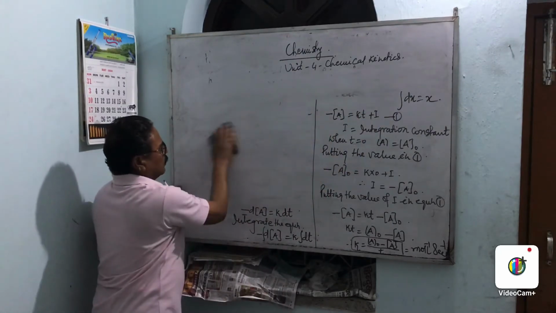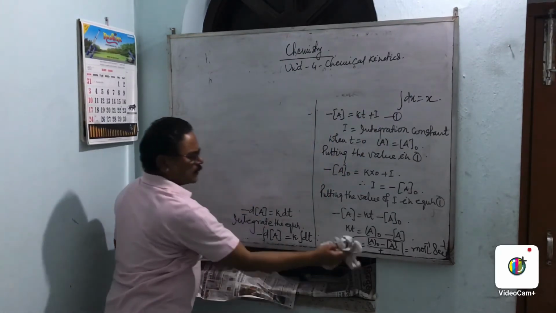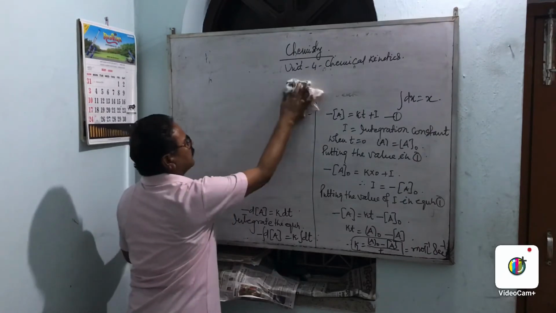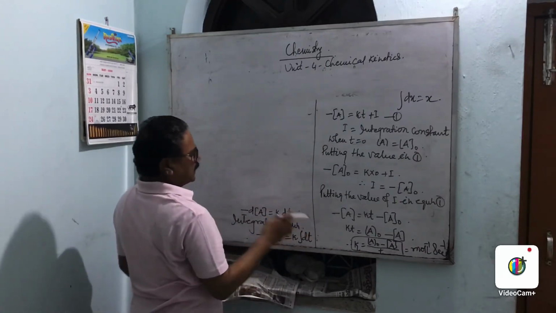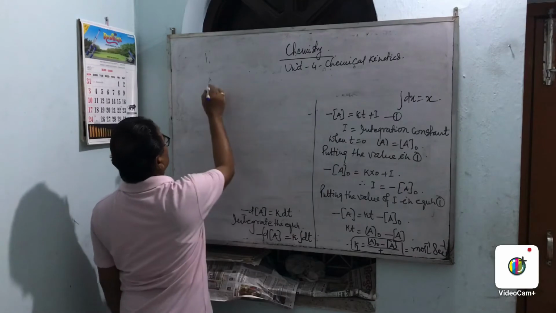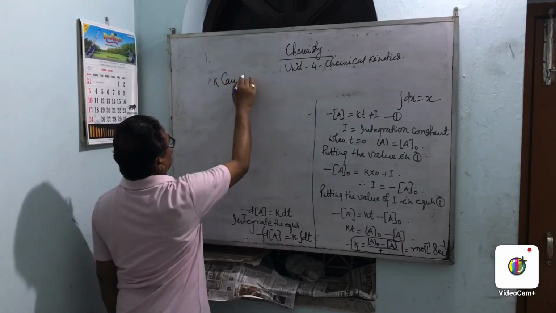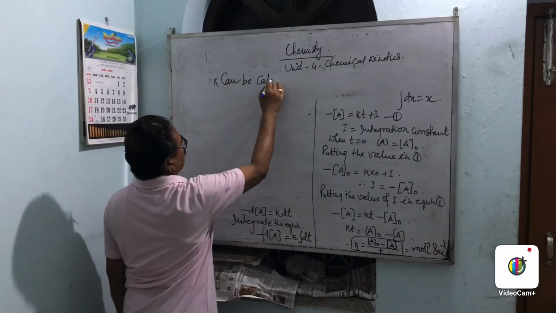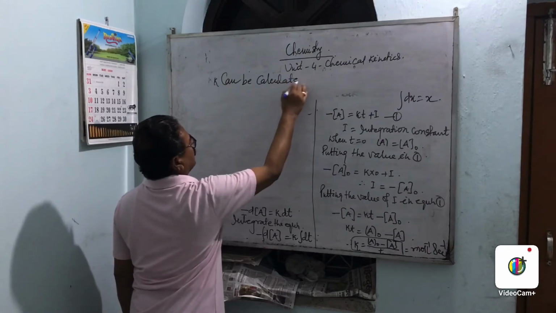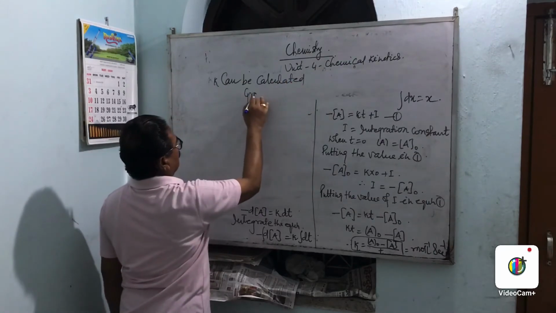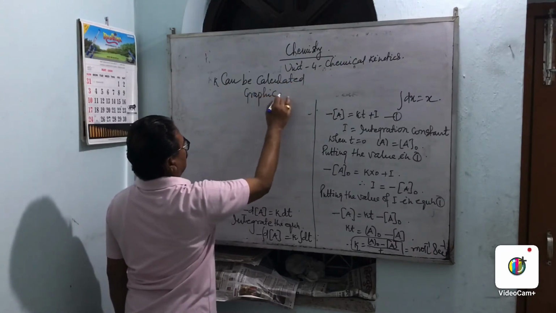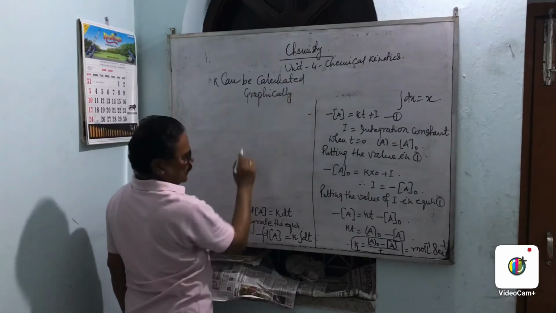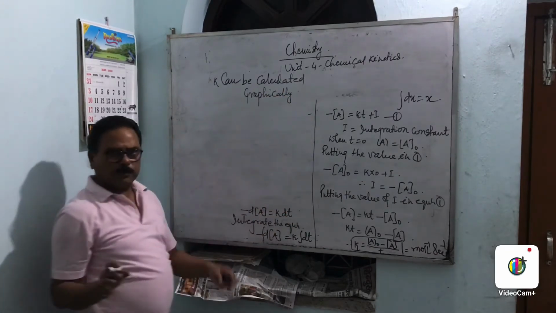Now first, we take another way to calculate the value, graphically. How can K be calculated graphically? This is a very important thing.